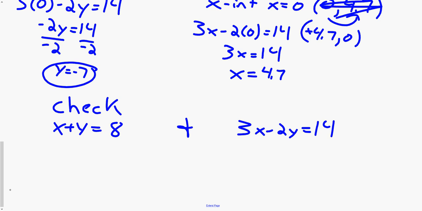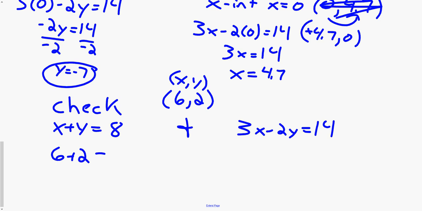So 6 and 2 are my answers, right? That's what I got where the lines crossed. This is supposed to be where they're both the same, so I plug these in for x and y and see what I get.